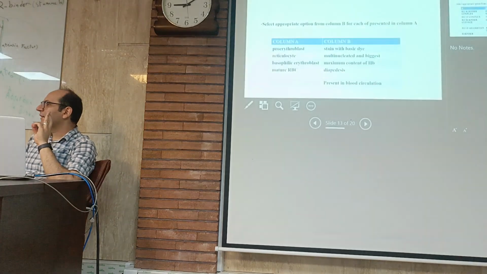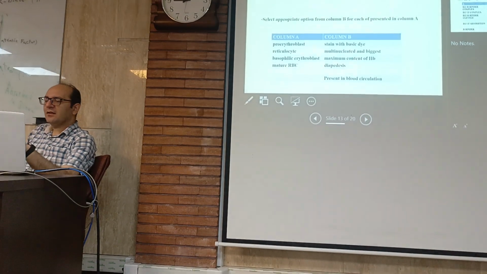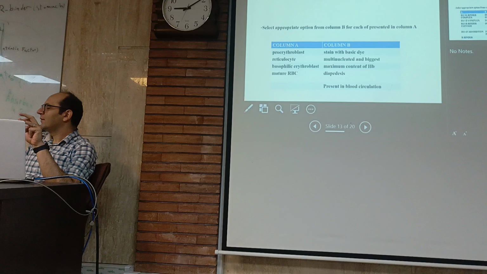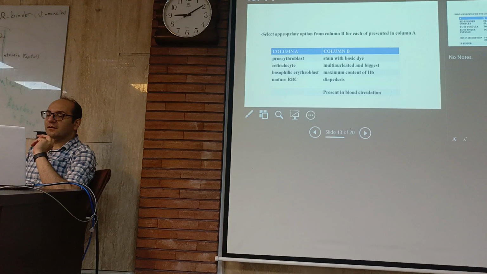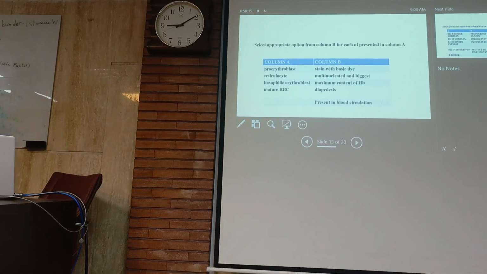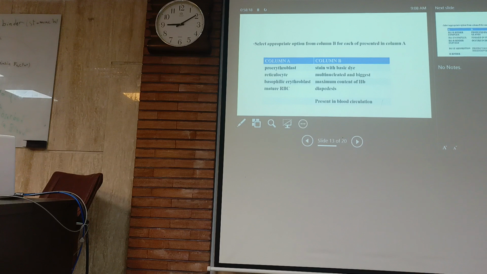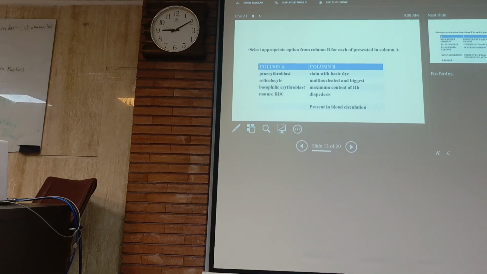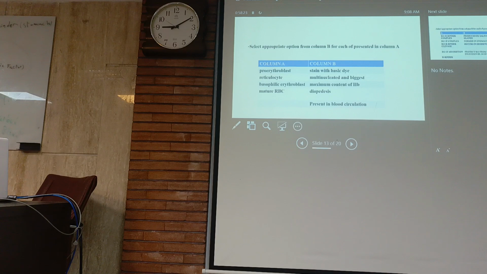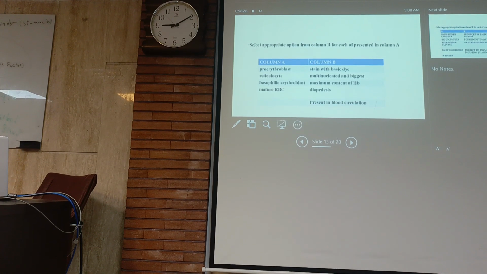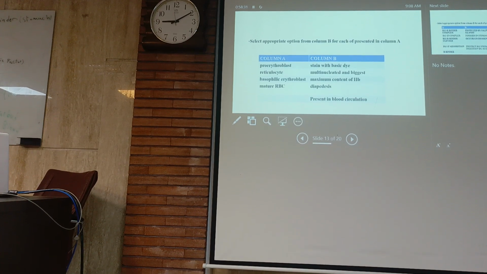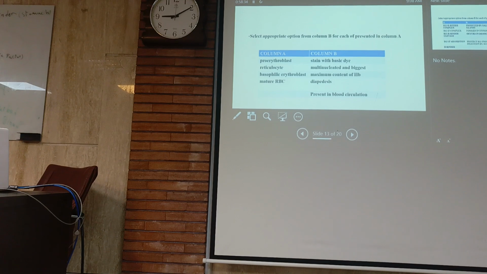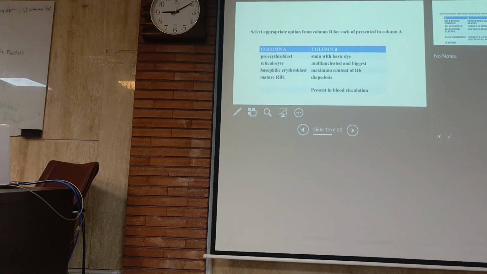Present in blood circulation, and there is another choice for reticulocytes. Diapedesis. You know diapedesis? As I told you, the reticulocyte is able to leave the bone marrow and enter the blood circulation. Okay? Diapedesis means leaving tissue and entering the blood circulation. Okay? So, for reticulocytes, diapedesis and present in blood circulation is correct.